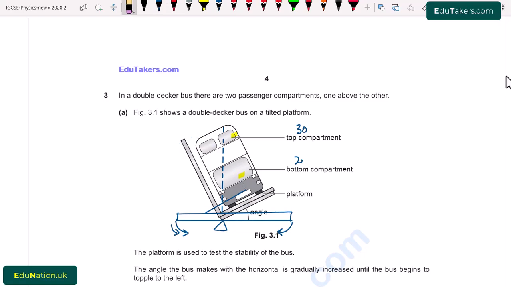If I draw the center of mass, the center of mass would be at this point, its original center of mass. But when the top compartment has 30 passengers and the bottom compartment has 2 passengers, then the center of mass position changes and it goes to this point.